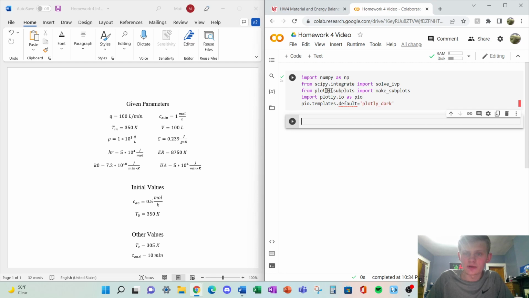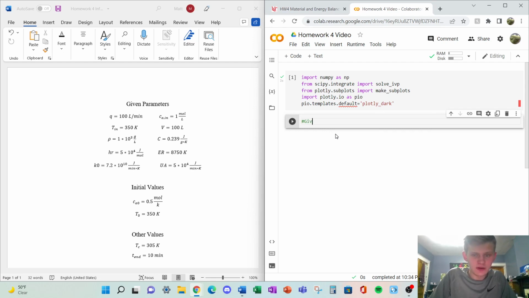We also have our subplot maker, which is going to be using our plots, and then some simple cosmetic plot details, a dark plot just to make things a little bit easier on the eyes. So first we'll start the code.